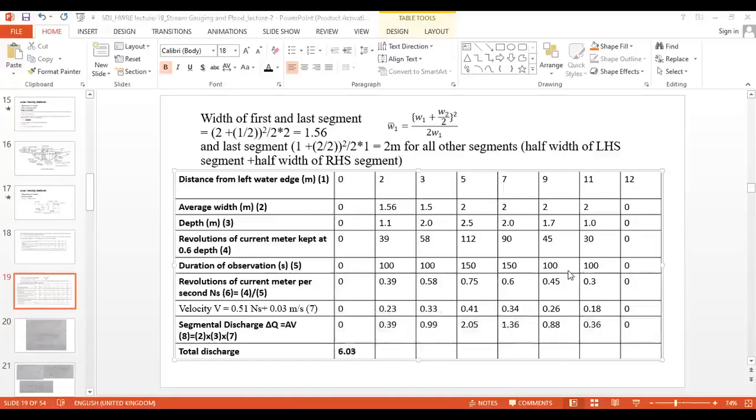Okay, so here in the 11th one, the product of 2 into 1 into 0.18 is 0.36. So the total summation of discharge will be 6.03 meter cube per second.